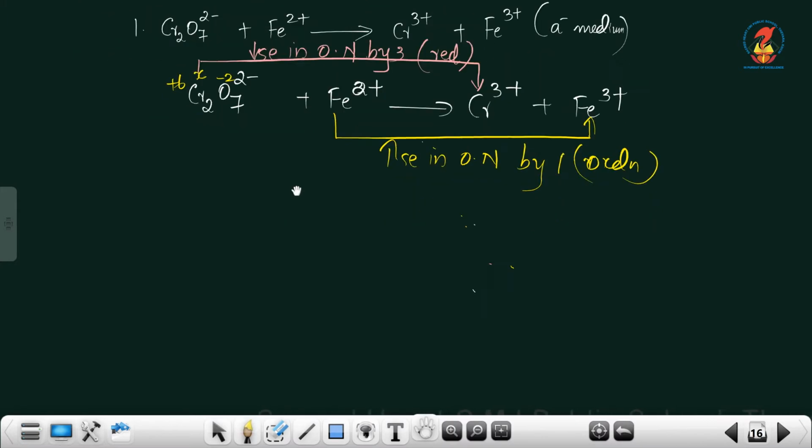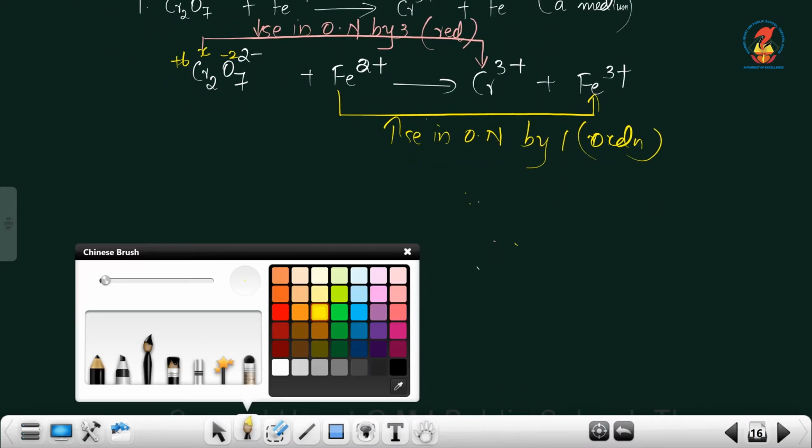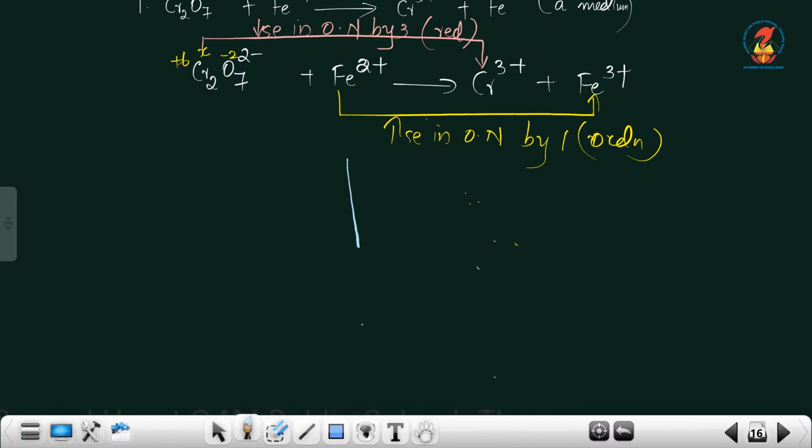Now we can split this reaction into two half reactions, the reduction half reaction and the oxidation half reaction. Who is undergoing reduction here?